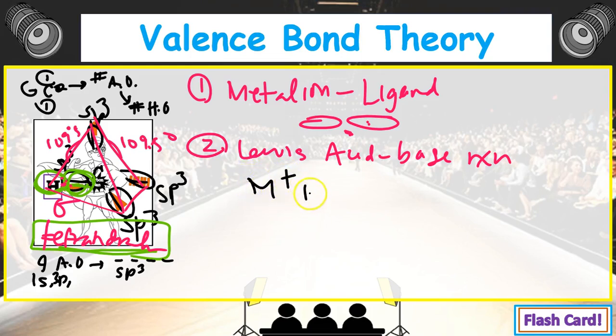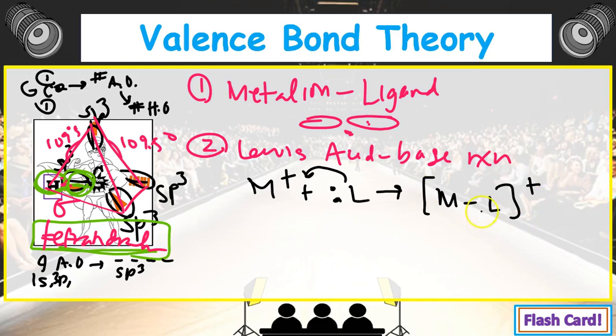So our metal ion is going to accept electrons from our ligand, or the Lewis base. And once it accepts those electrons, we have a Lewis acid-base reaction that occurs. And of course, we're going to form a coordinate covalent bond and a Lewis acid-base charged complex ion. We saw that before.